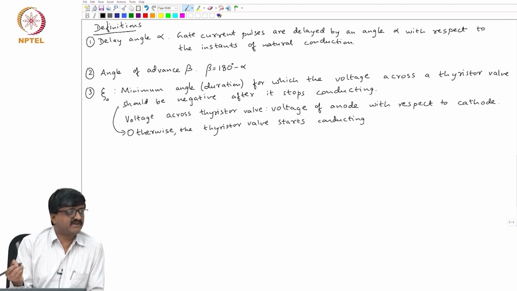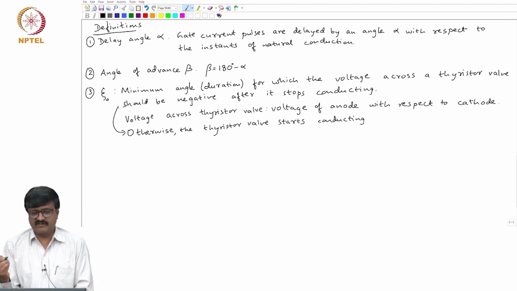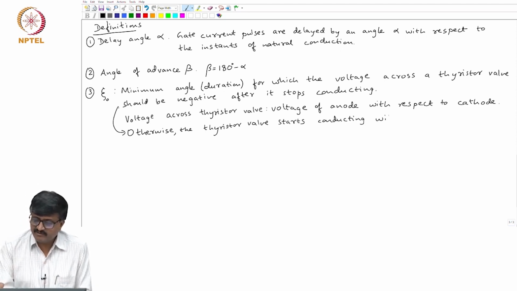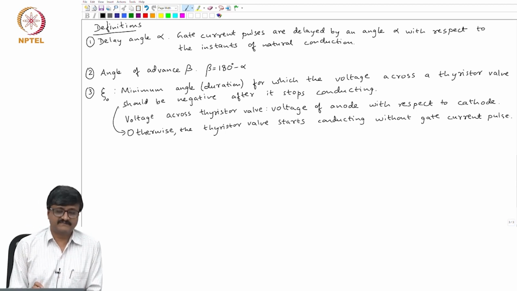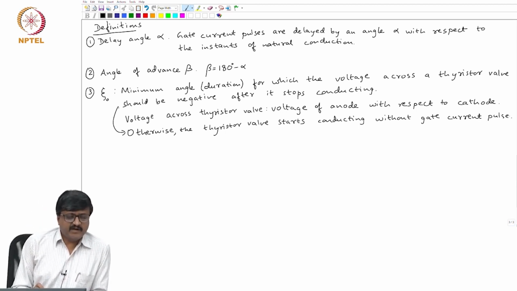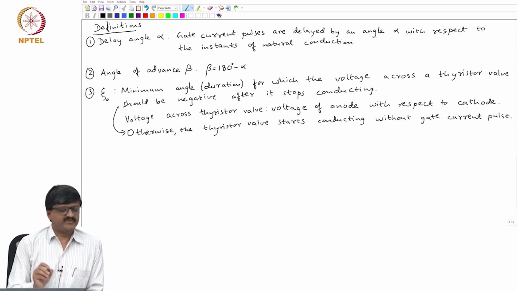Because it is forward biased, but it should not conduct without a gate pulse. So, otherwise the thyristor valve starts conducting without a gate current pulse. That is something which we do not want. So, psi naught is the notation for this quantity, and it is in terms of angle.